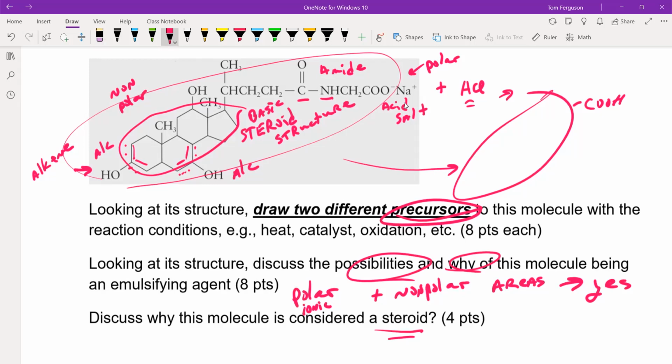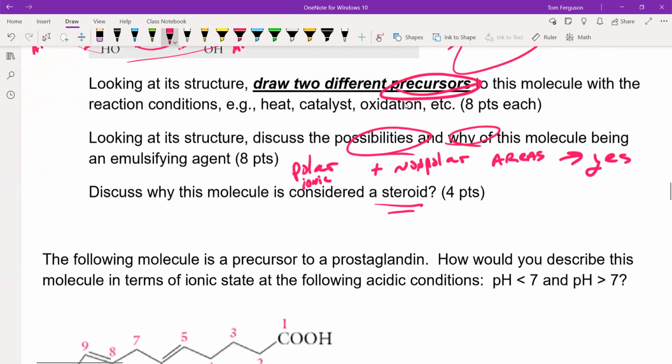We've talked a tiny bit about this nitrogen version of the ester, and I wouldn't expect you to know that. But these others definitely I would expect you to know.